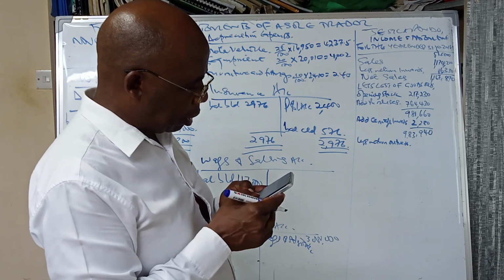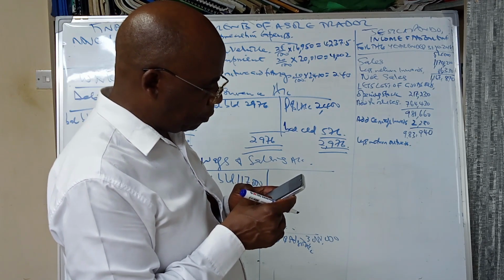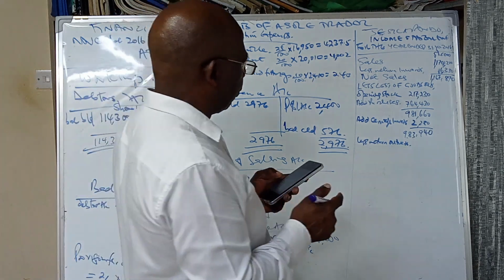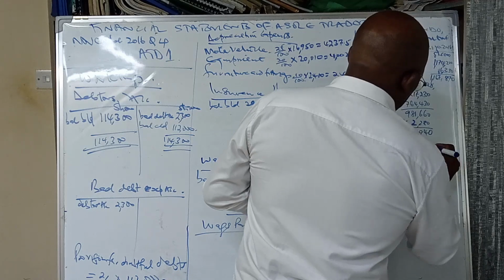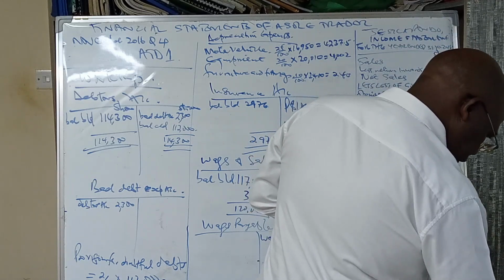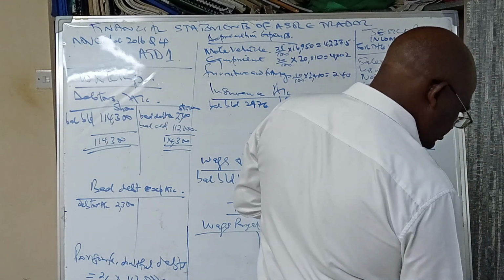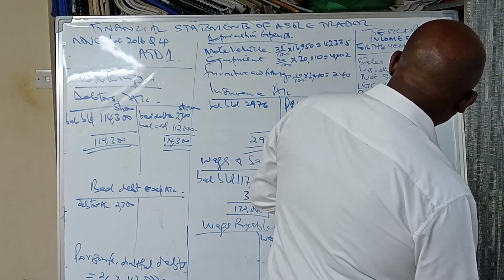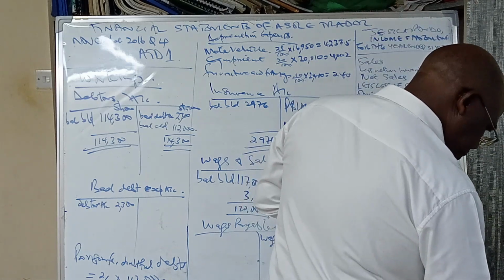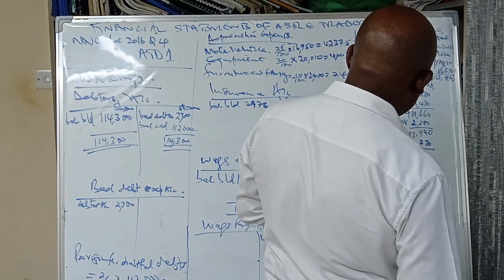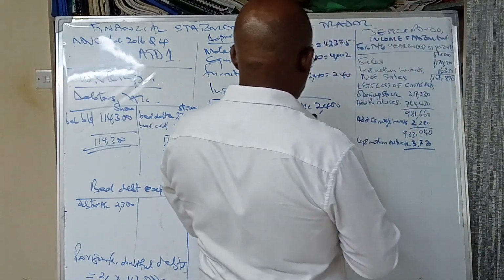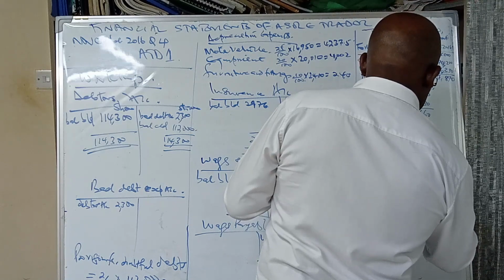We returned it. Return outwards is 3,720. We subtract 3,720 from 983,940, and we get 980,220.